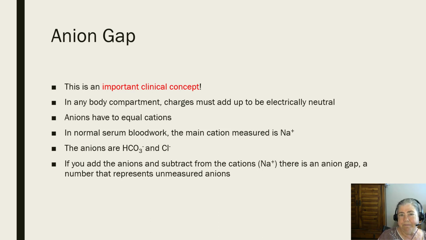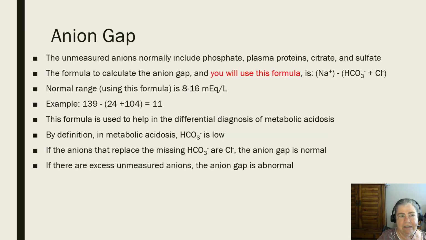It's the main cation. And the anions that we're measuring are bicarb and chloride. When you add together the anions and you subtract them from sodium, there's always a gap. There's a number that represents unmeasured ions because there are other ions. There's phosphate, there are other things, proteins, citrate, sulfate, and that's normal.